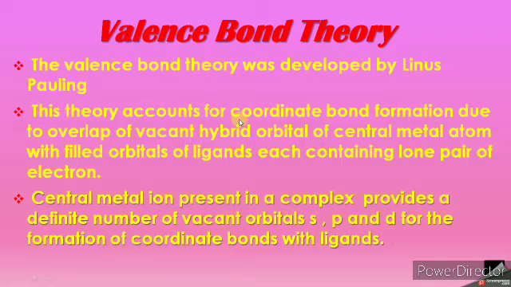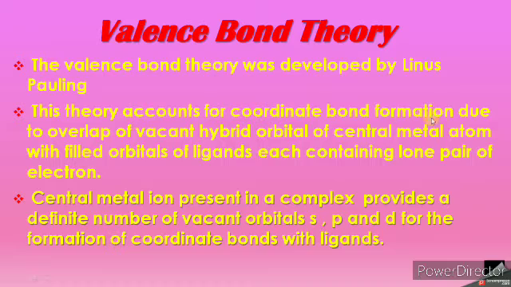Only one atom shares a pair of electrons, or non-bonding pair of electrons, and that atom is the donor, while the other atom which participates in bond formation, which accepts that non-bonding pair of electrons, is called the acceptor. And the bond between donor and acceptor is called coordinate bond.